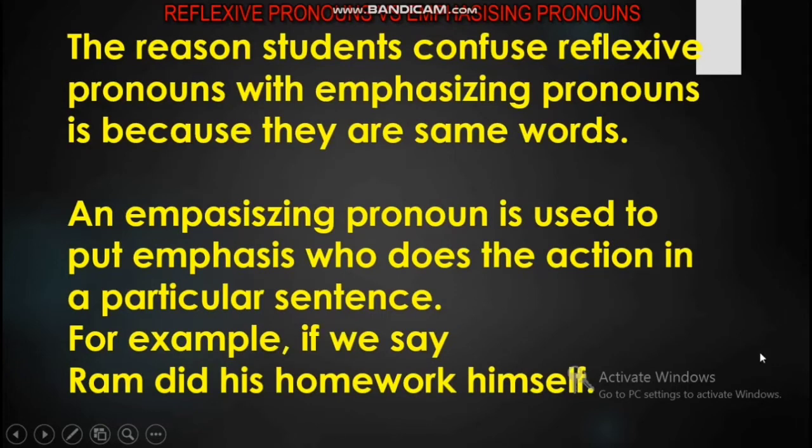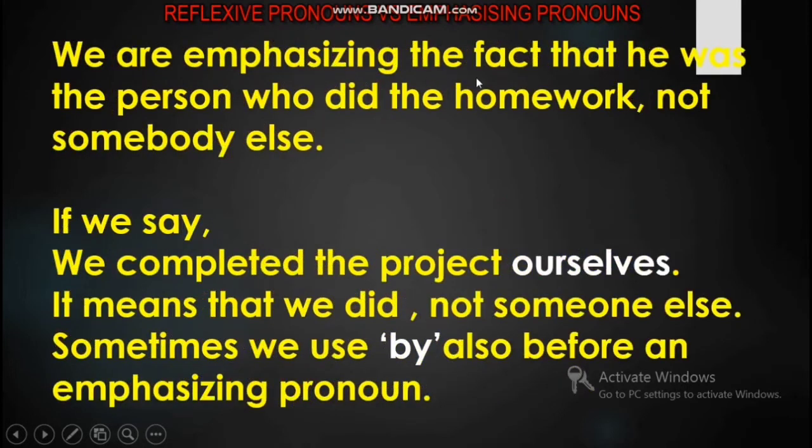The reason students confuse reflexive pronouns with emphasizing pronouns is because they are the same words. An emphasizing pronoun is used to put emphasis on who does the action in a particular sentence. For example, if we say Ram did his homework himself, we are emphasizing the fact that he was the person who did the homework, not somebody else.